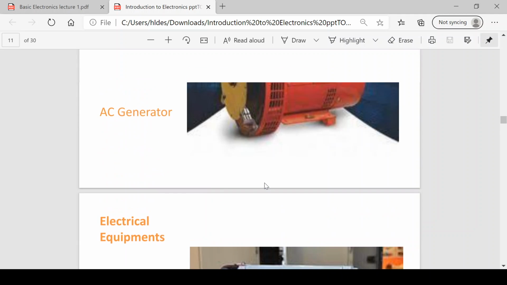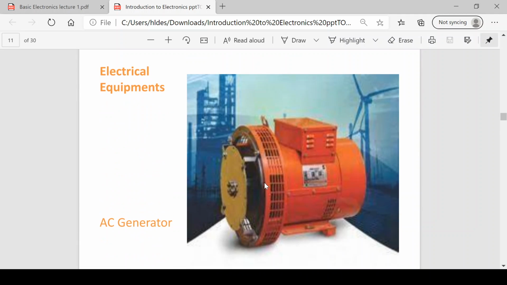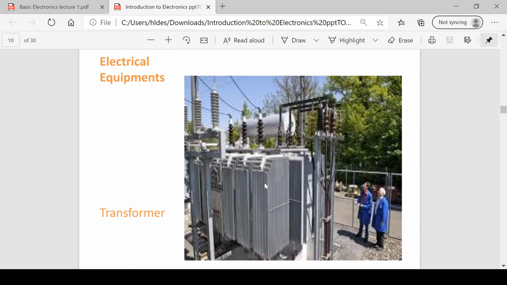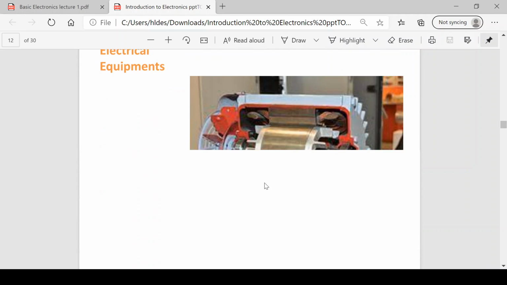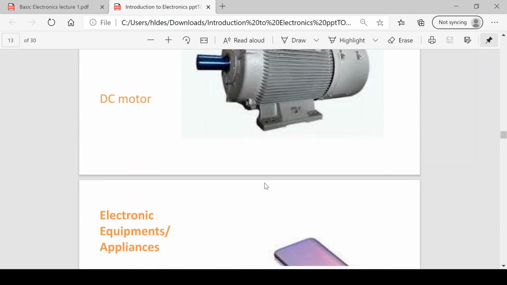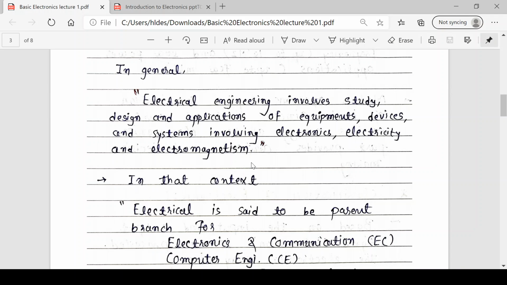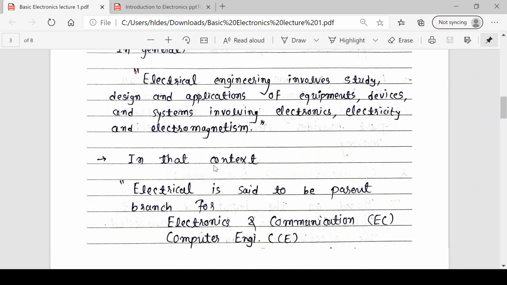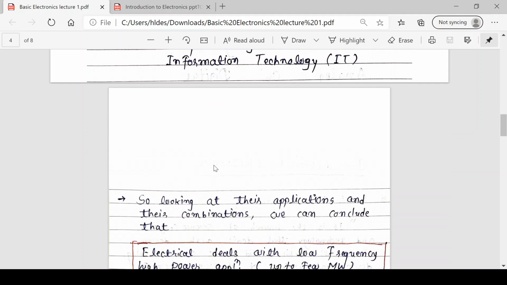Their maximum operating frequency will be 50 Hz in India for the AC system, and for the DC system it will be 0 Hz. But for electronics, if you talk about optical fiber, the operating frequency will be around 10 raised to 14 Hz. So that means let's note the differences between electrical and electronics.